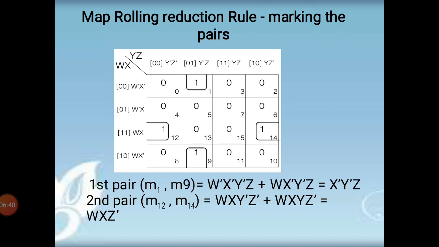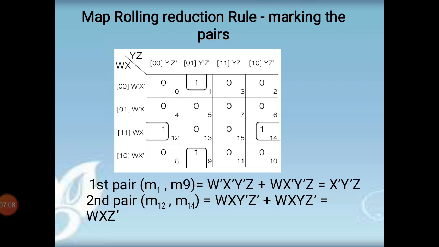Now map rolling reduction rule for pairs. Consider this K-map. In this K-map we have rolled it and then marked the pair. After rolling we got the first pair M1 and M9.